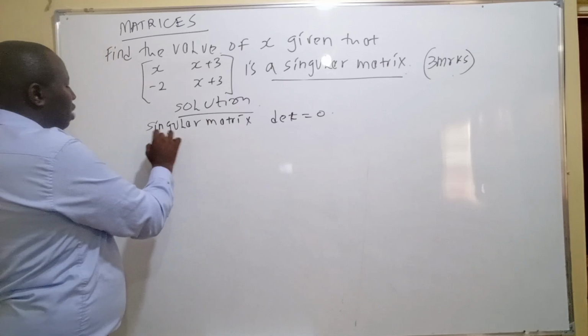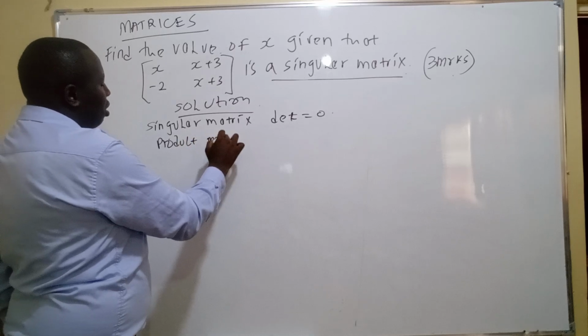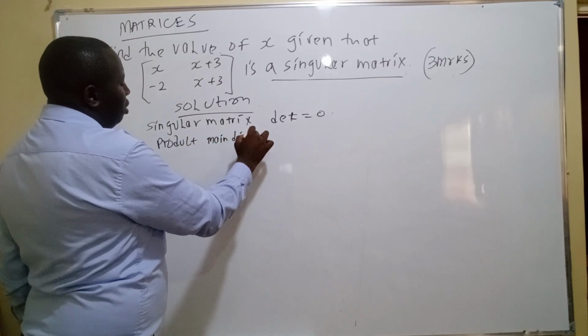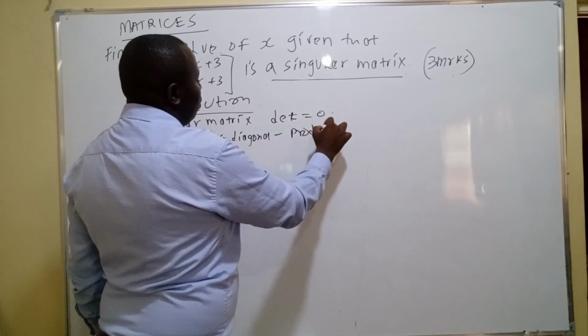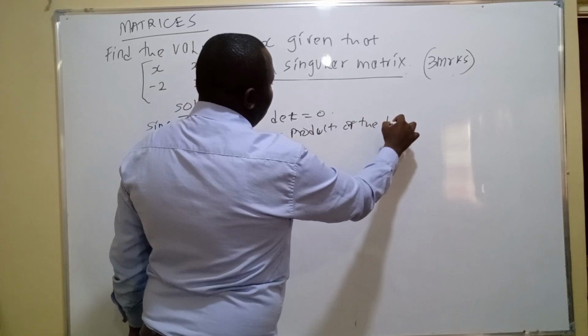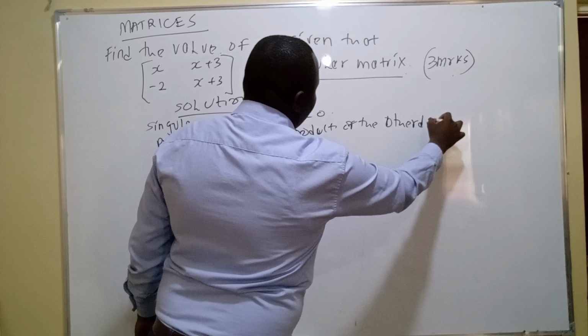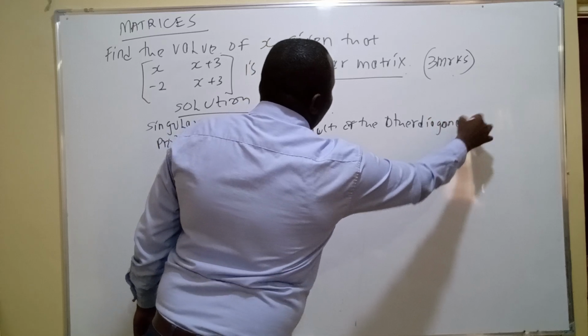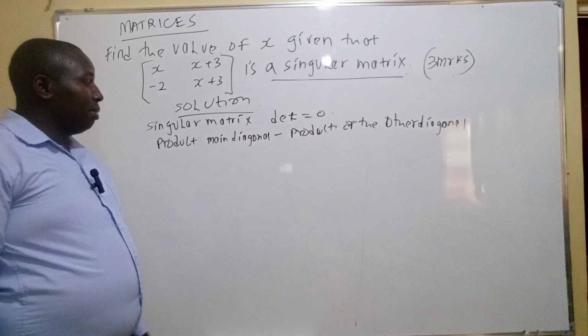You get the product of the elements of the main diagonal, minus the product of the elements of the other diagonal. That's how you find the determinant of a matrix.